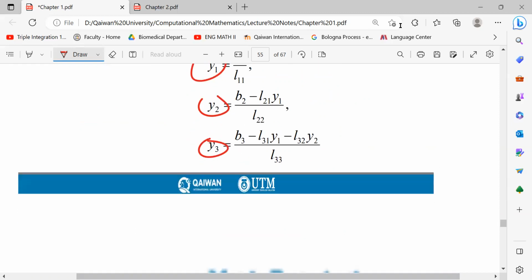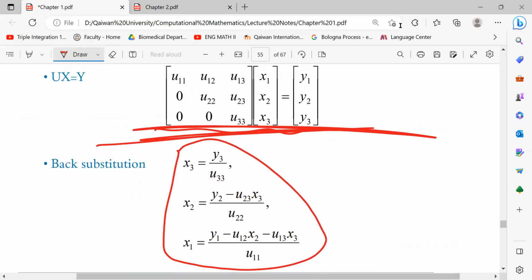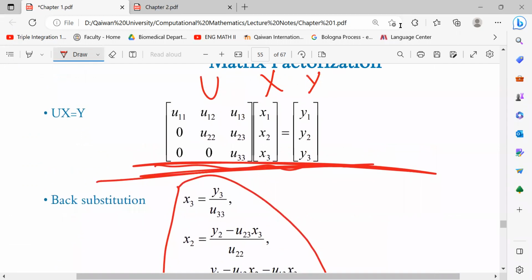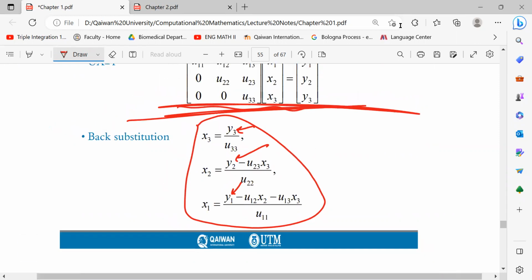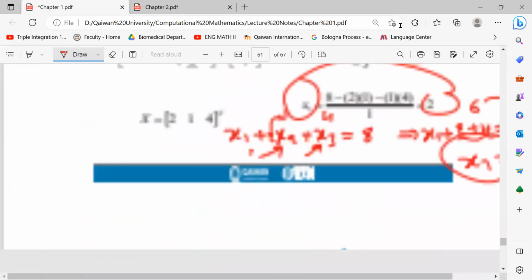After finding these three, we use them in U times X equals Y to get the values of X1, X2, X3. We use these values, Y3, Y2, Y1, to get the values of X3, X2, and X1.